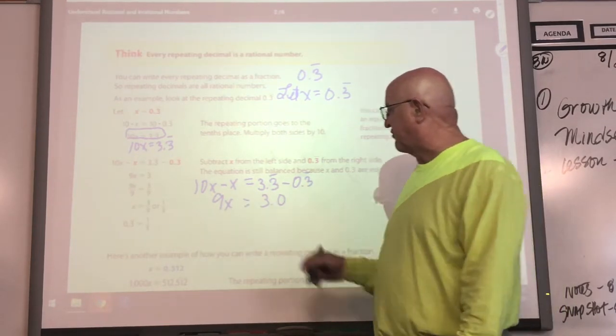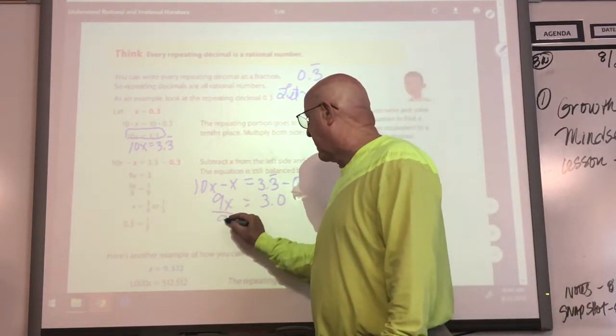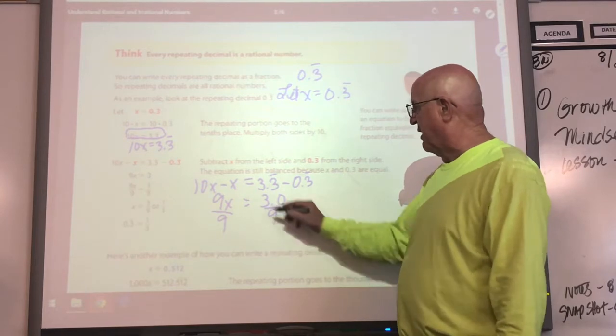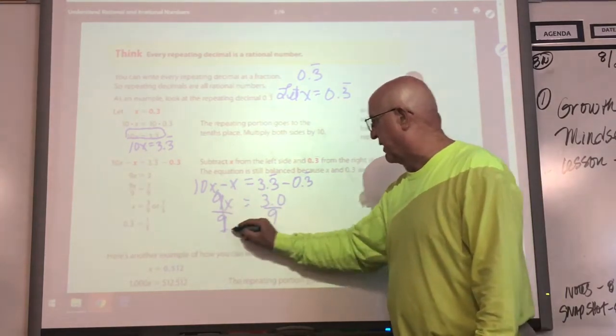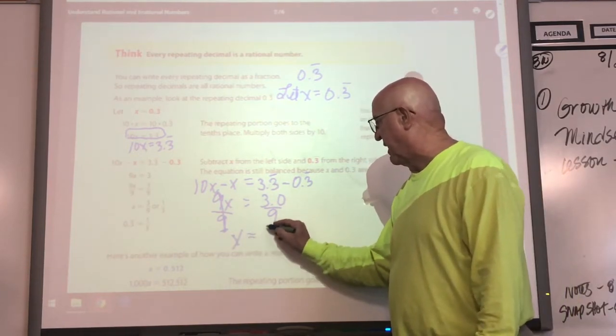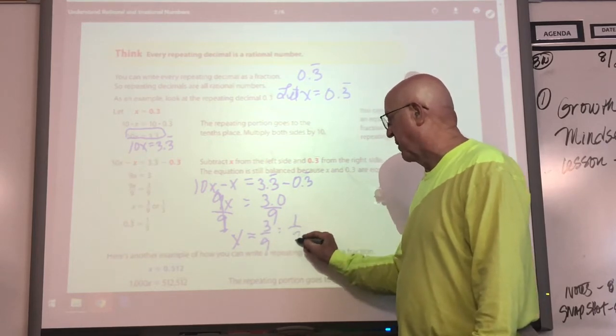So now we have 9x is equal to 3.0, and we're going to divide both sides by 9 because we want to do the same thing to both sides. And we end up with 1x, and then 3 divided by 9 is 3/9, which reduces down to 1/3.